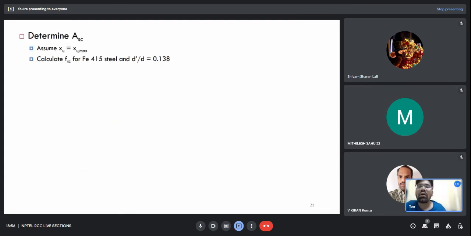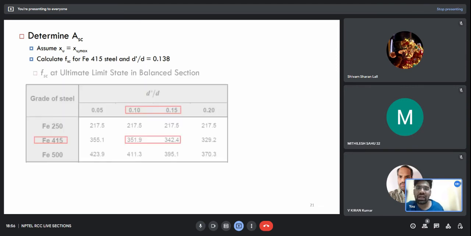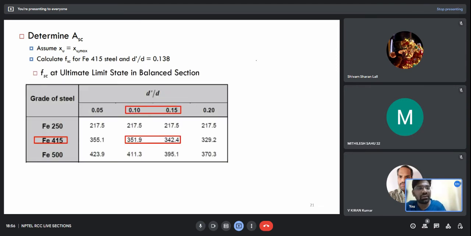So now I need to calculate the ASC. For ASC, I need to have D dash. Based upon the D dash by D ratio, I can get the stress in this bar. FSC I can get from interpolation. Why am I using this interpolation method?